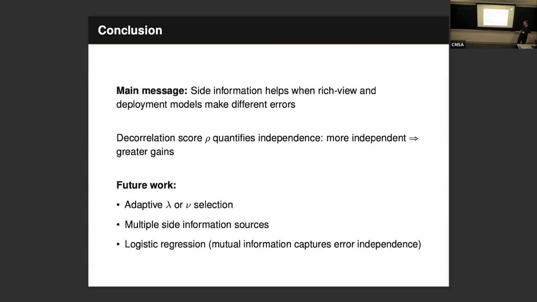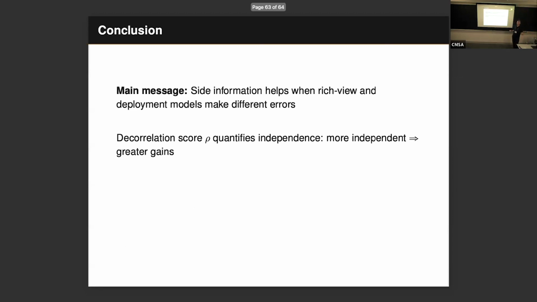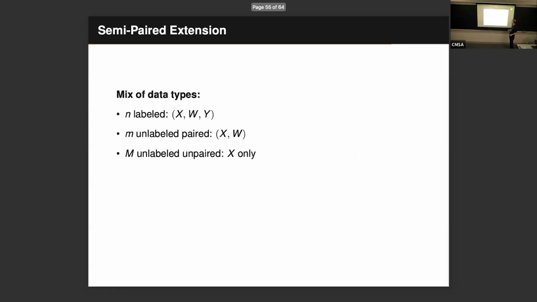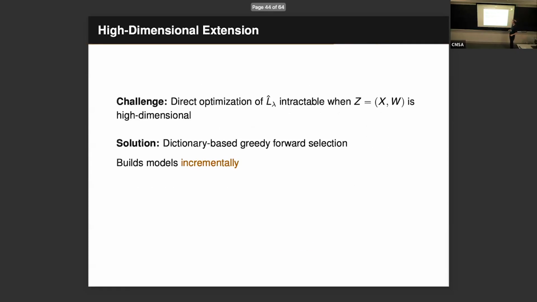Another interesting thing that someone was asking me the other day: if the correlation between these two models is the thing that matters, why don't you build that in as a constraint in the problem? Let's go back to my original program here.